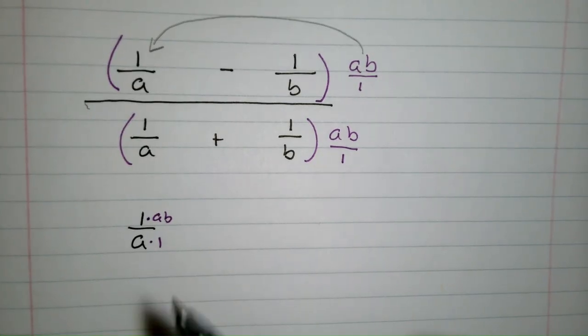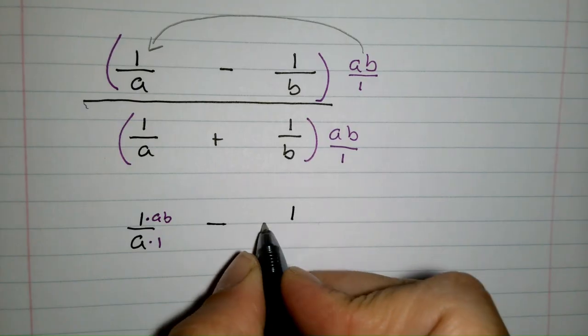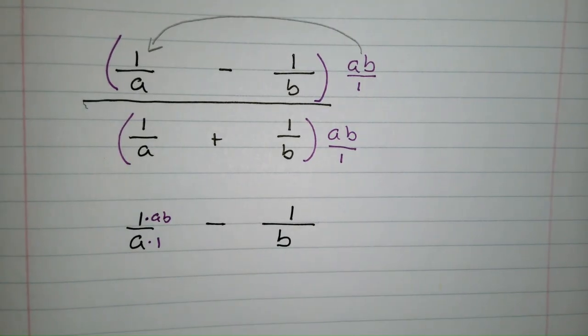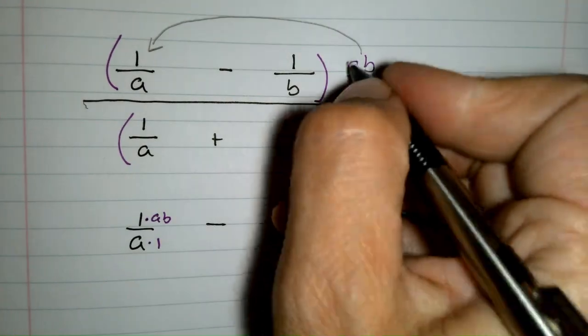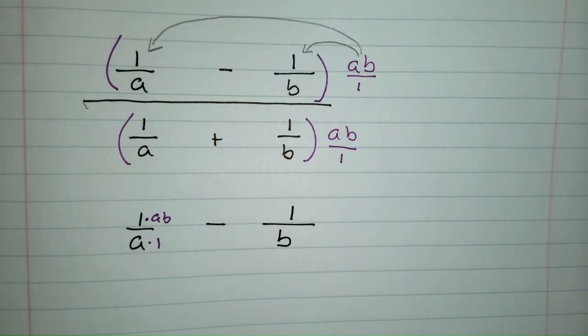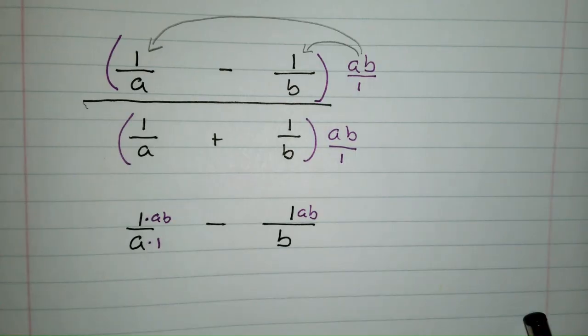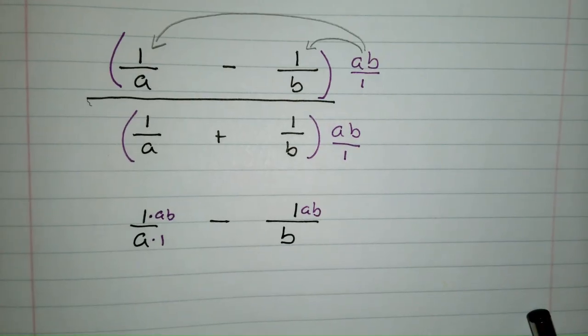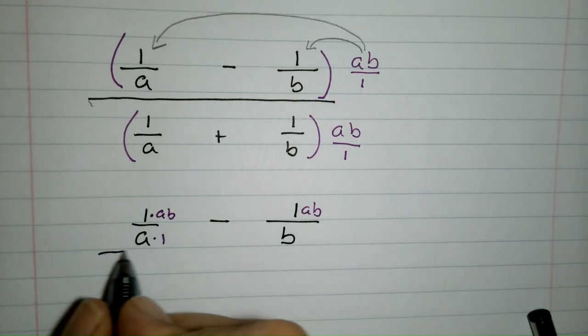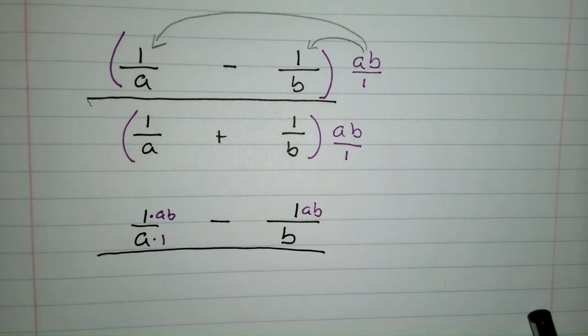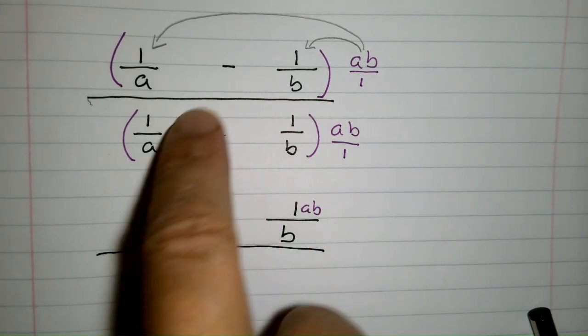No. Minus 1 over B. So when I distribute this AB to that, I'll have 1 AB in my numerator over 1 over A. We have to distribute that AB.